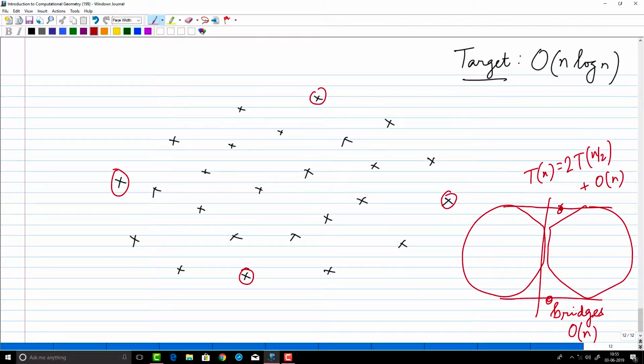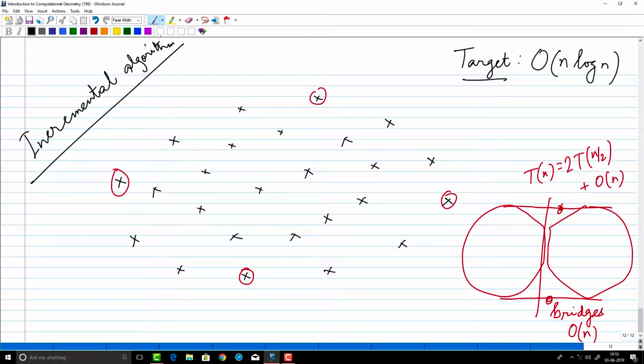But let us now forget about this, and let us look for an algorithm of another paradigm. We will try to figure out an incremental algorithm for this problem.